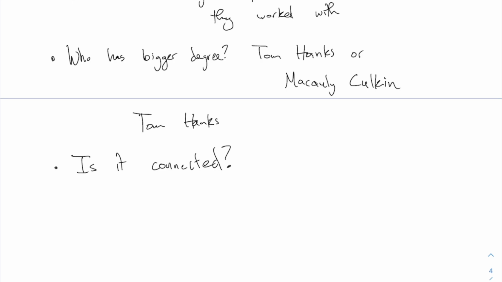What that means is, is there a path from one actor to another through the graph? Like I could ask, is there a path from Tom Hanks to Macaulay Culkin in this graph? They are not connected directly, at least I don't think so. I don't think Tom Hanks and Macaulay Culkin were in a movie together. But can you get in the graph from Tom Hanks to Macaulay Culkin by going through a bunch of other people? I would say yes. I think you probably can.